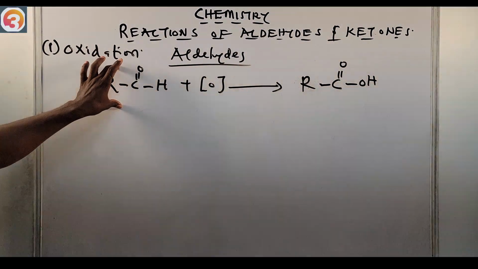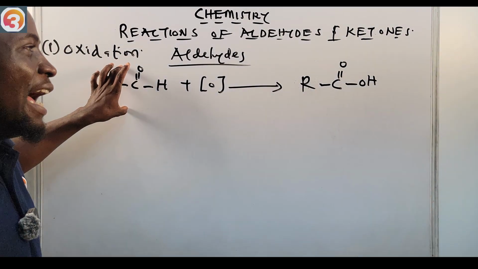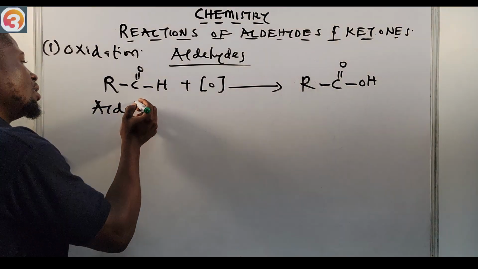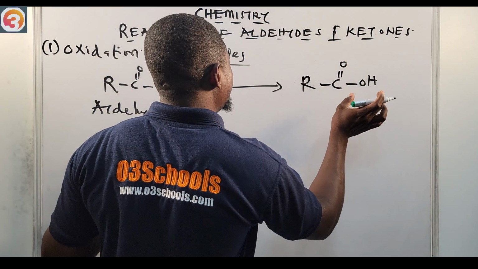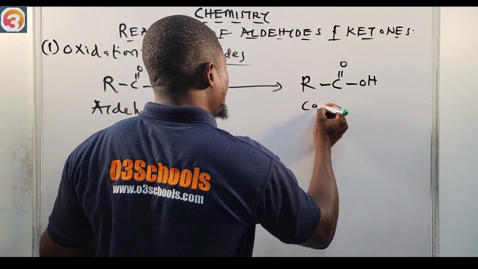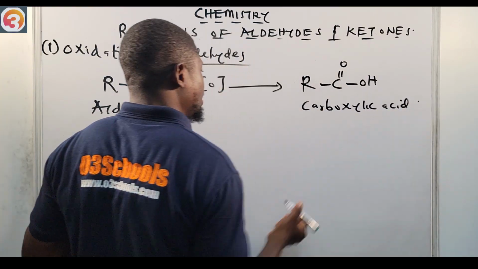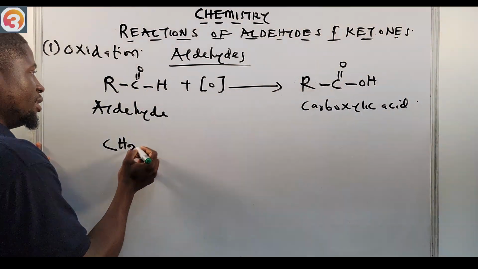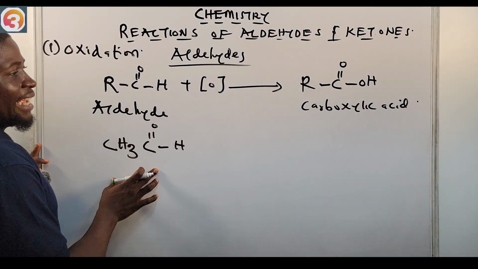When you oxidize an aldehyde or an alkanal, the result you have is a carboxylic acid. This one is our aldehyde or alkanal, and this is our carboxylic acid. If the R group is CH3, that is CH3-C double bond O-H, which is ethanal.